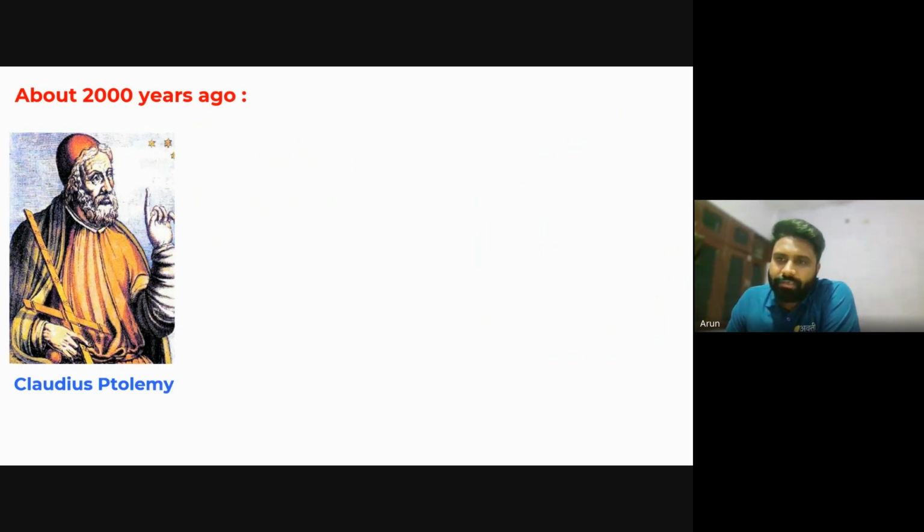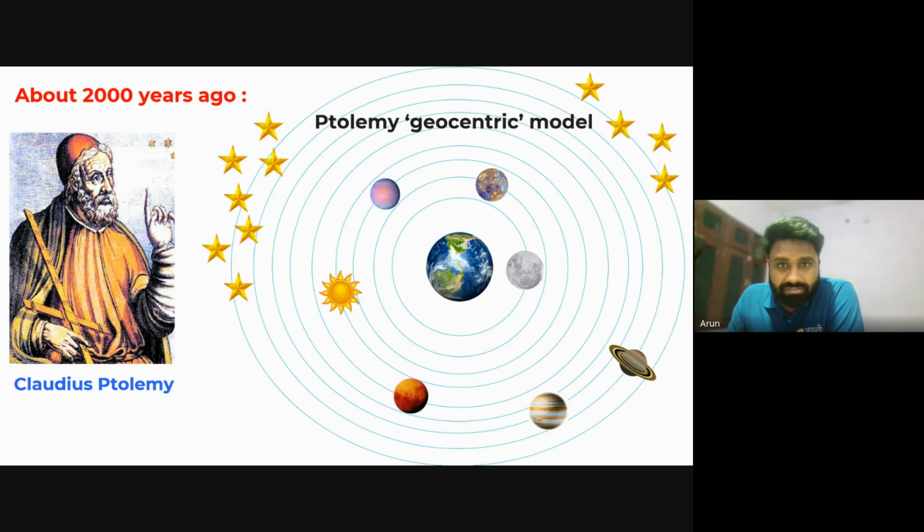So we have also discussed this, that about 2000 years ago we had Claudius Ptolemy, who told us, let me just show what he has told. He assumed that the earth is at the center of the solar system, and each and every object present in the solar system revolves around the earth.